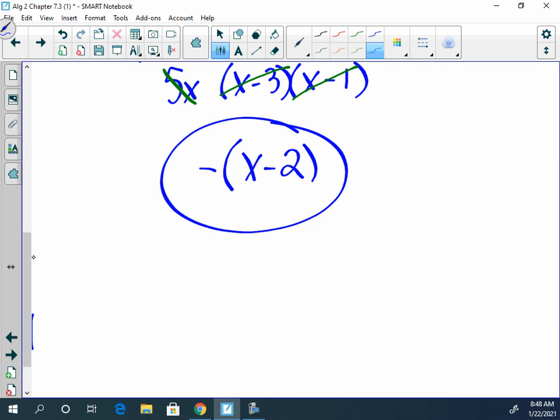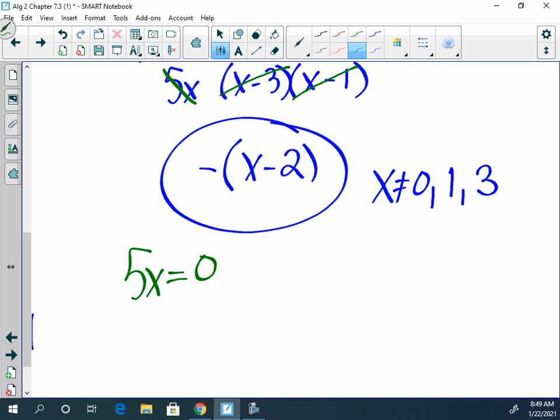Now, what would our restrictions be? So x cannot be 0, yes. And then the 1, would it be positive or negative? Positive. Because if we look at this here, we're seeing what's going to make 5x equal 0. So that'd be 0.